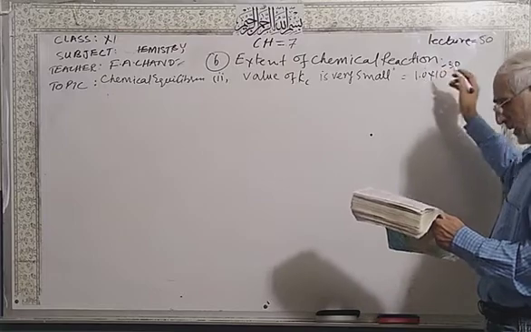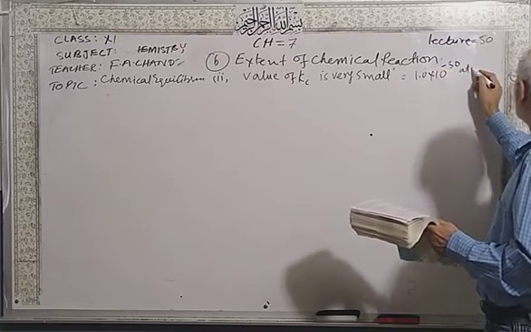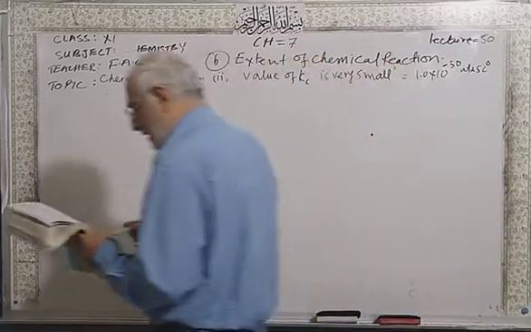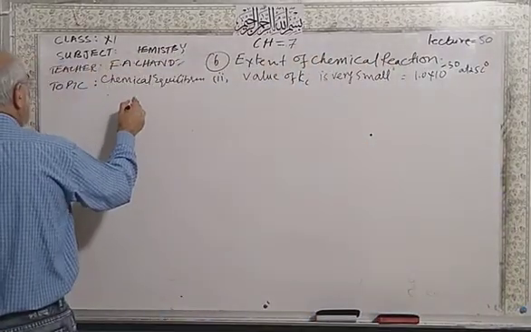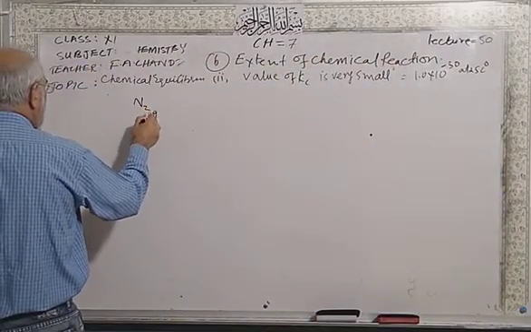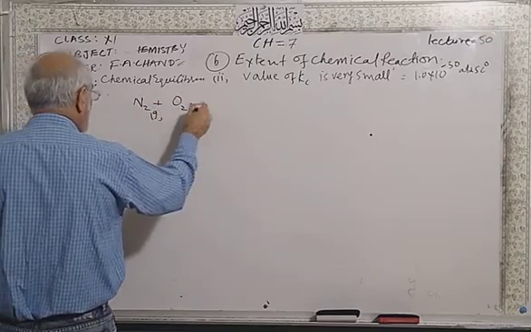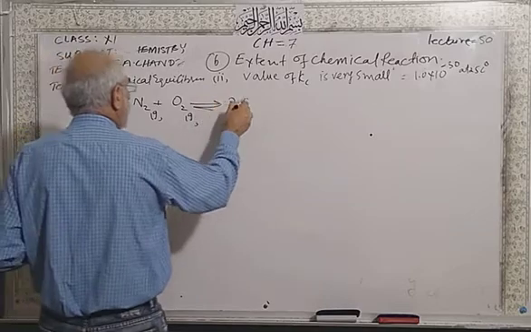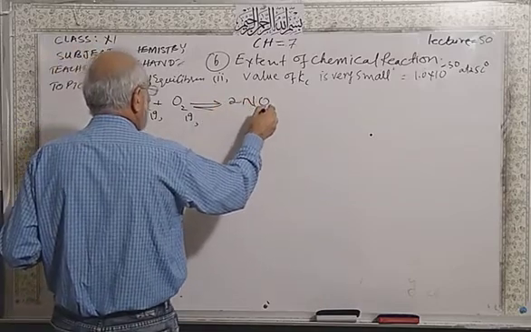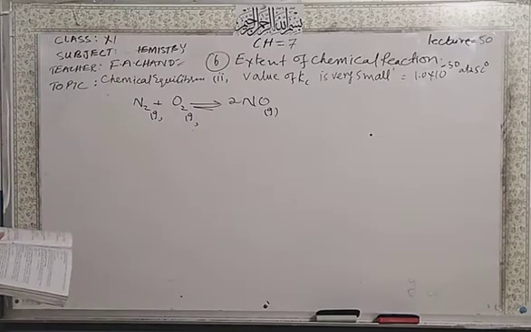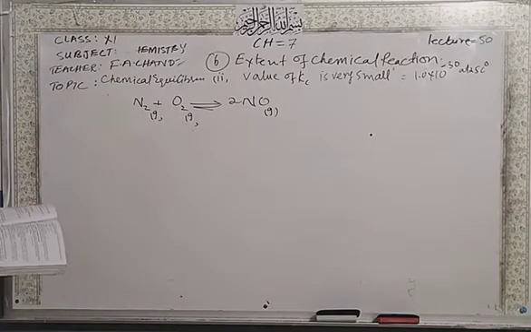Now you can imagine at 25 degrees Celsius, very small indeed. So students, nitrogen 1 mole gas and oxygen gas 1 mole form nitric oxide 2 mole, like this one. So you have to calculate when the value of Kc is very small.